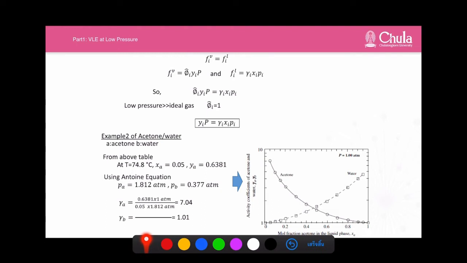Okay, so if we replace this term and this term in our main equation, we get phi i yi P is gamma i xi Pi sat.